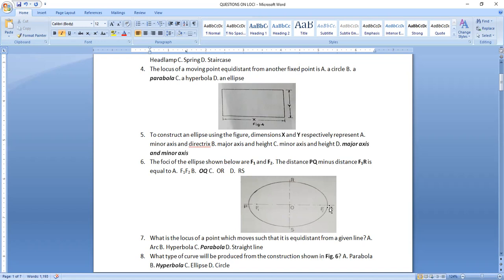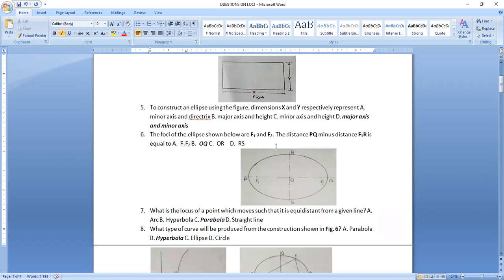Distance PQ is the major axis, and the sum of F1R and F2R is equal to PQ. You can confirm that when you are doing the construction of an ellipse. So distance F1R plus distance F2R is equal to the distance PQ, which is the major axis.